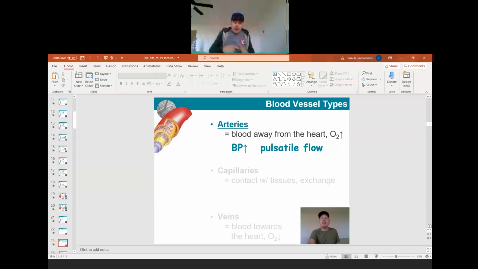So for that reason, arteries are really good at handling this variation, this pulsatile flow. That adds to their thickness and their wall adaptations. One way you can tell arteries apart is if you work with catheters, on these dead individuals who we have emptied of blood.